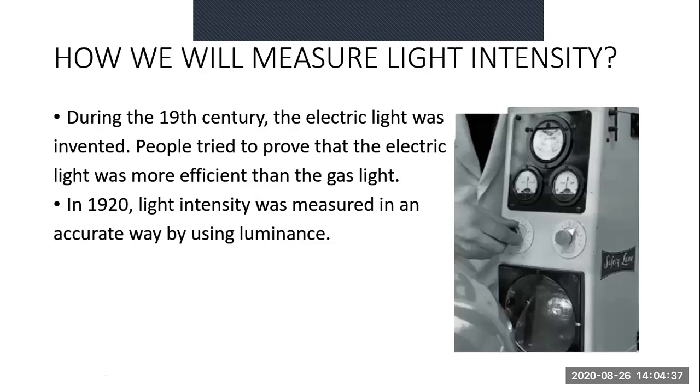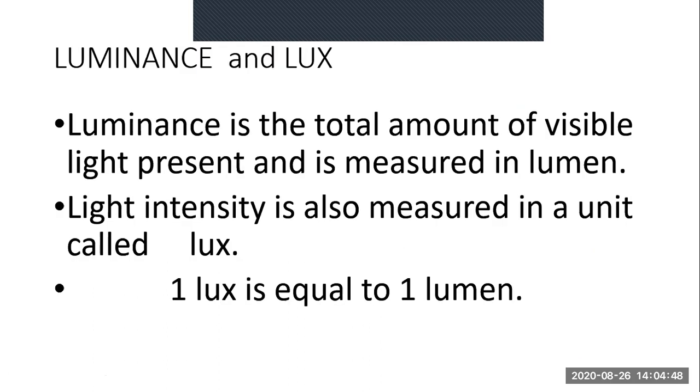When light was invented, scientists measured light intensity using luminance. Luminance is the total amount of visible light, and the unit of this, the light intensity unit, is the lux. 1 lux is also equal to 1 lumen.